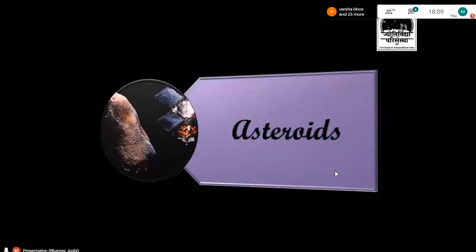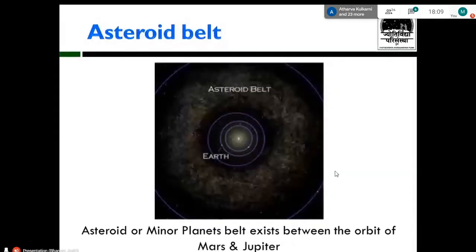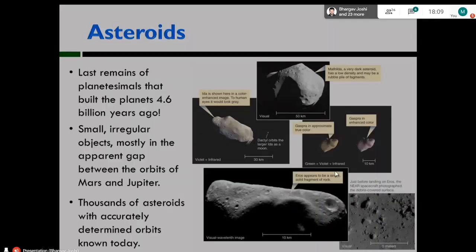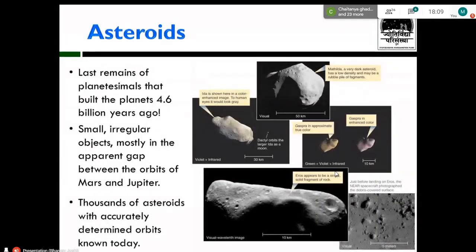Mars is the last interior planet, but after Mars we have the asteroid belt. If you see the location of the asteroid belt, it is between Mars and Jupiter. And asteroids are actually the remnants of comets.